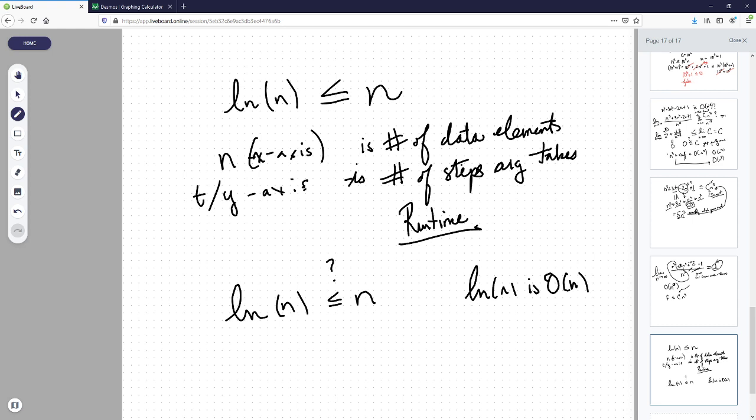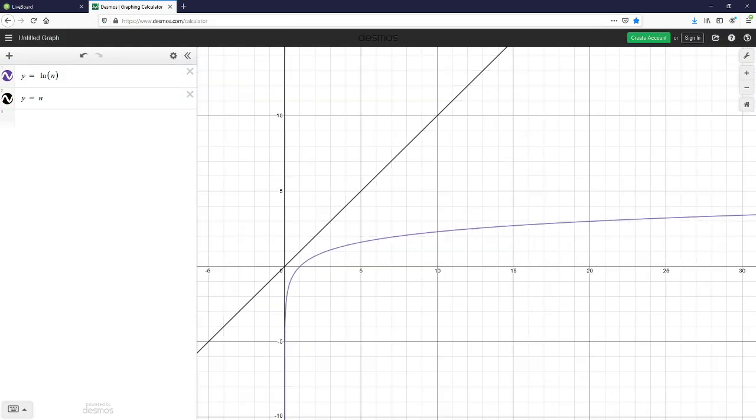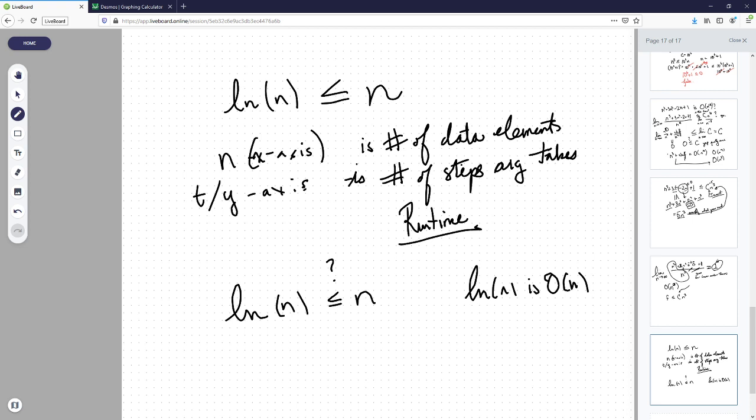You see it from the graph, it's always less than n anyway. So at least when n is bigger than 0, so that the natural log exists, etc. But let's not worry about domain issues, because remember that n can't really go less than 0, because n is like a number of data elements that you're sorting or searching.